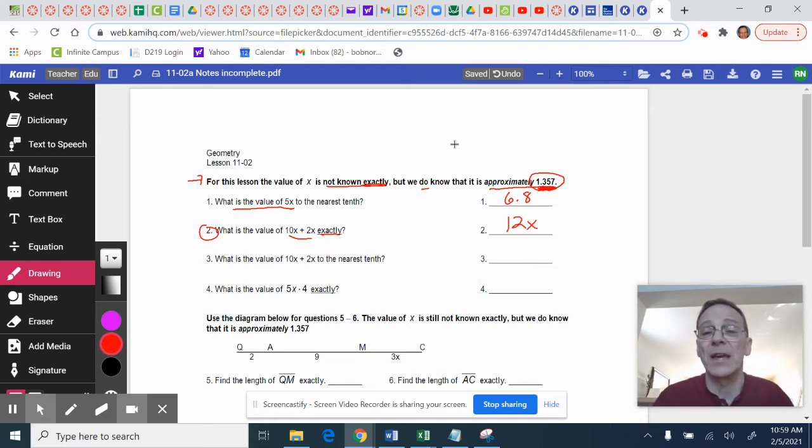But the point here is that if you replace a variable with a value that is inexact, that is only approximate, then you do not get an exact answer, okay? And that's the lesson you've got to learn today. I mean, that's it.